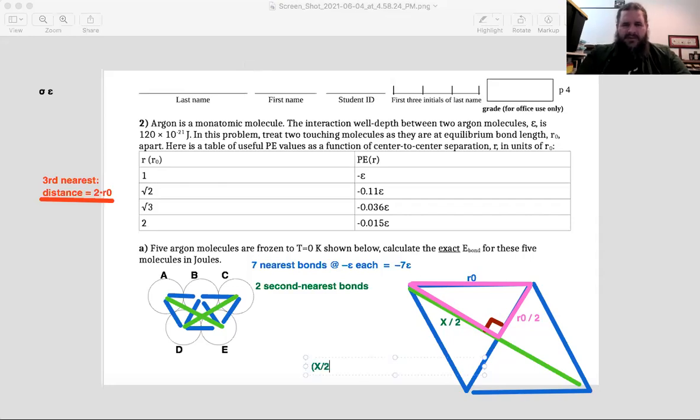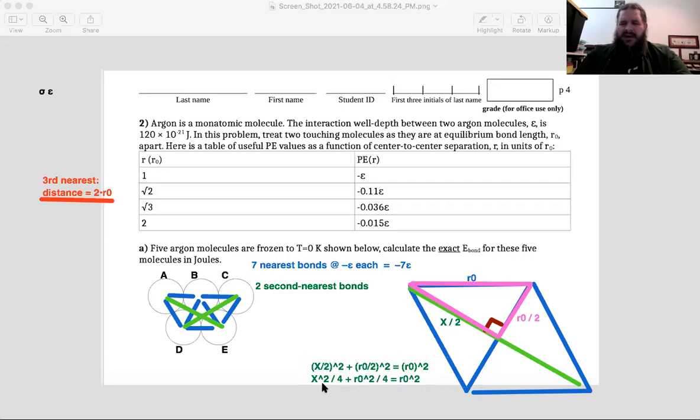We've got leg squared plus leg squared equals hypotenuse squared. And multiply that out, x over 2 squared becomes x squared over 4. R naught over 2 squared becomes R naught squared over 4. And then R naught squared is just R naught squared.